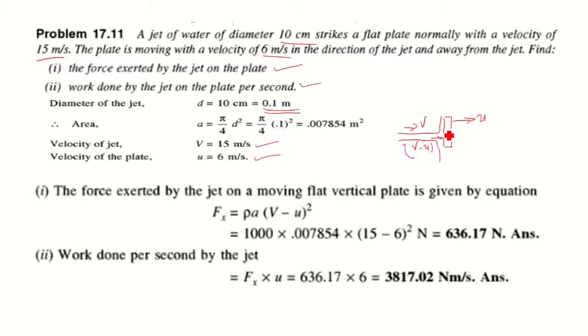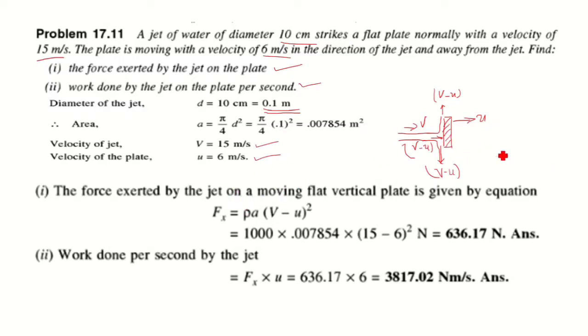After striking the plate, the jet moves with the same relative velocity in the y direction only. This is the plate which is moving with the velocity u.